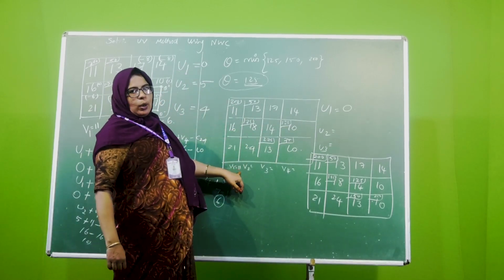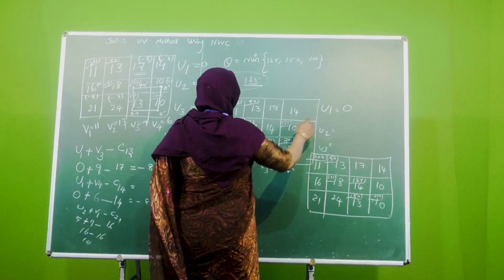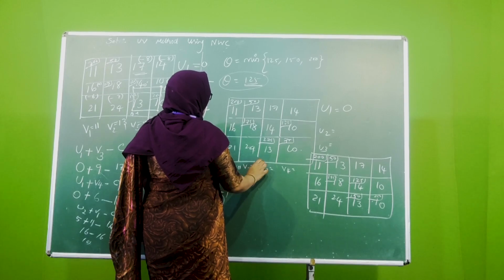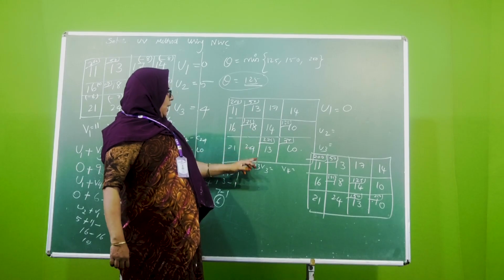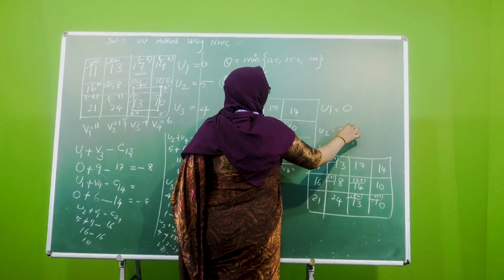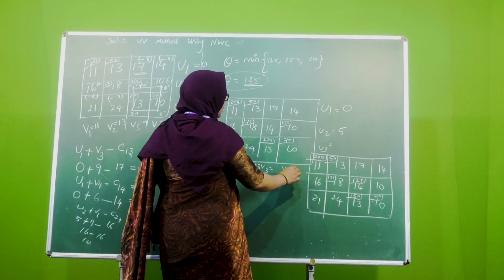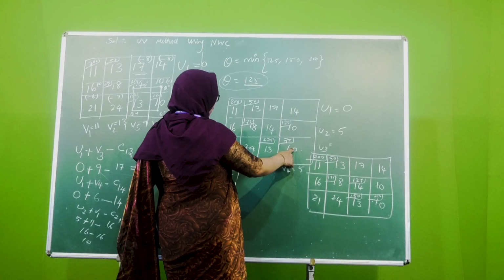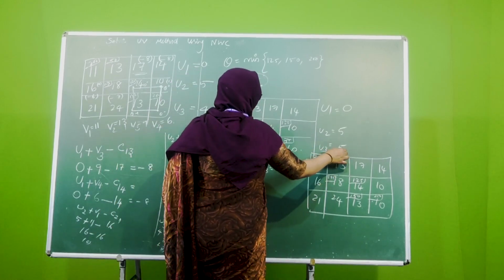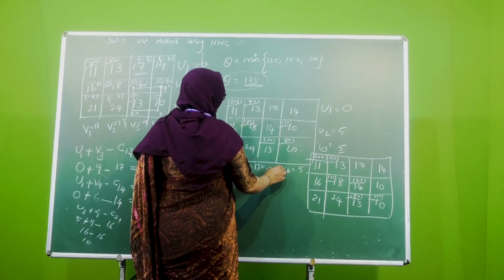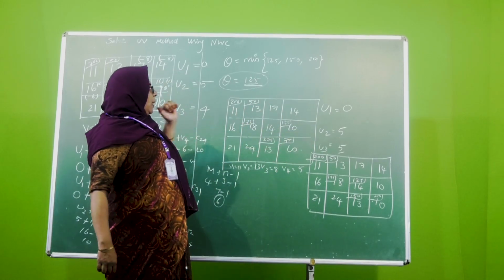You are getting v1 equal to 11. Next, 13 minus 0 is also 13. So now we find the original allocated 18. So 18 minus 13, 5. Next, 10 minus 5 is 5. 13 minus 5 is 8. So these are the values for the other columns.